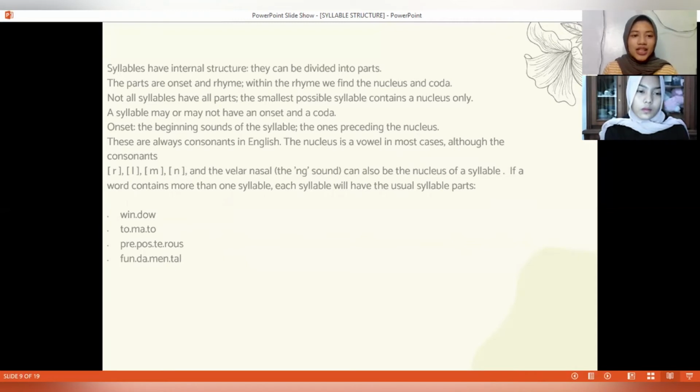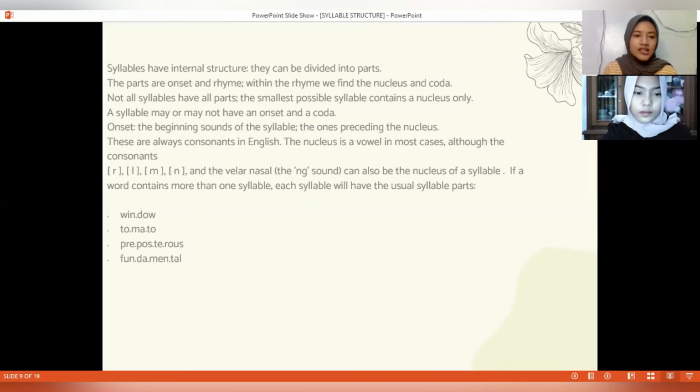Onset is the beginning sound of the syllable, the one preceding the nucleus. These are always consonants in English. The nucleus is a vowel in most cases, although the consonants R, L, M, and the velar nasal sound can also be the nucleus of a syllable.